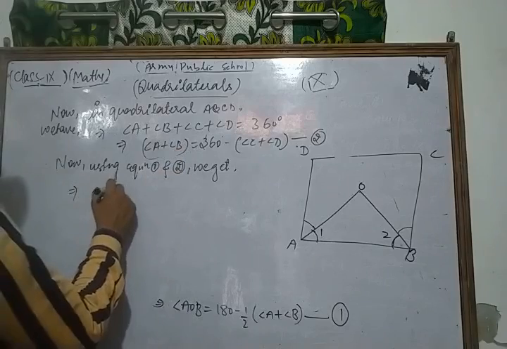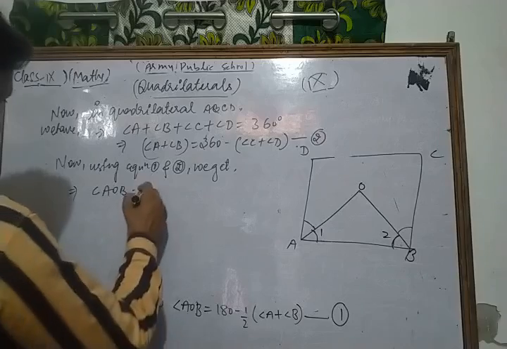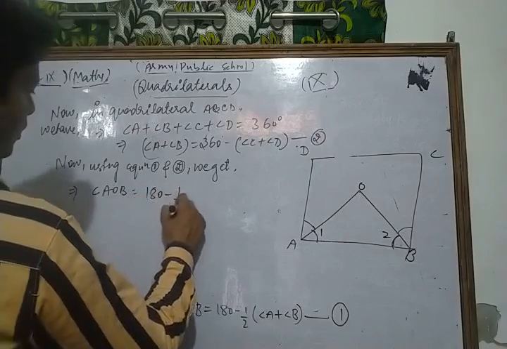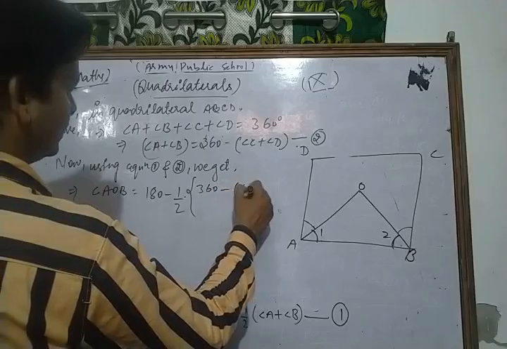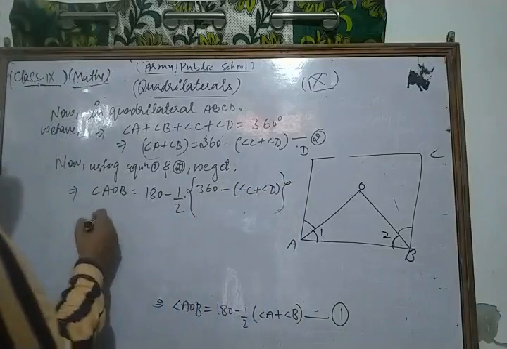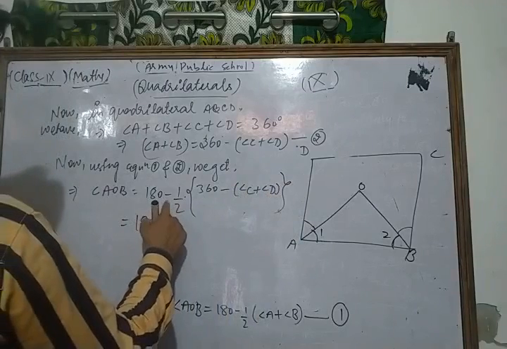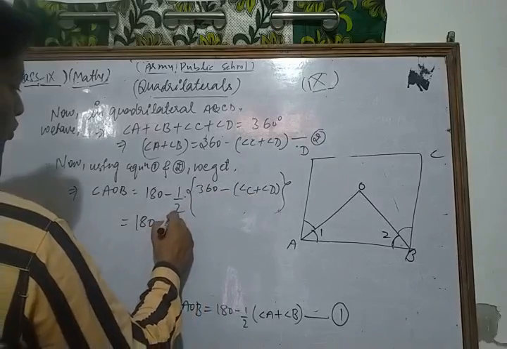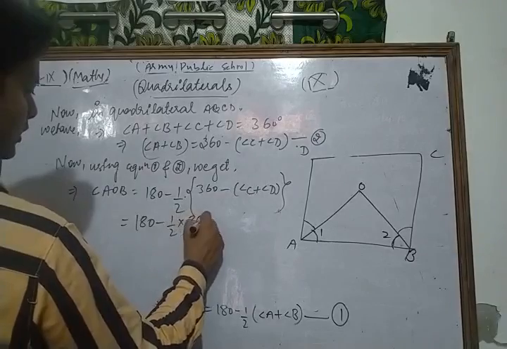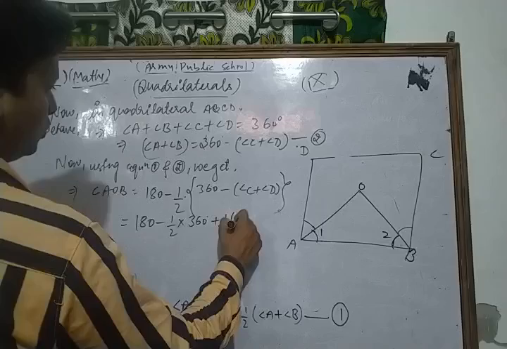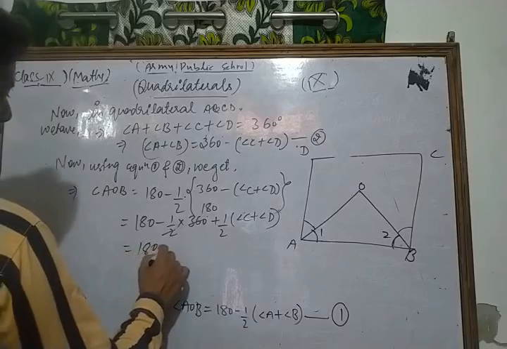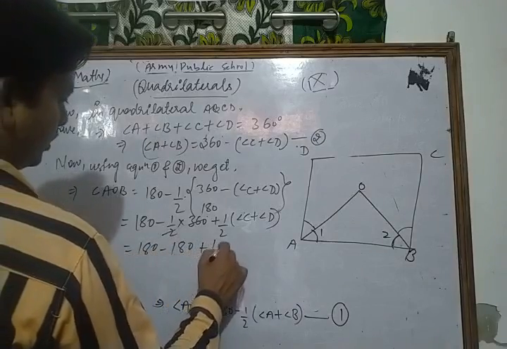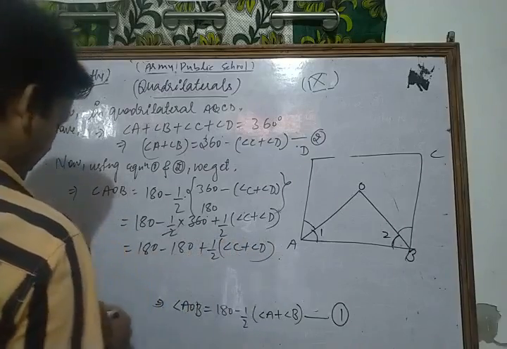So we get angle AOB is equal to 180 minus half of 360 minus angle C plus angle D. Now we break the brackets, so we get 180 minus 1 by 2 into 360, plus 1 by 2 of angle C plus angle D. Now this is 180, so we get 180 minus 180 plus half of angle C plus angle D.